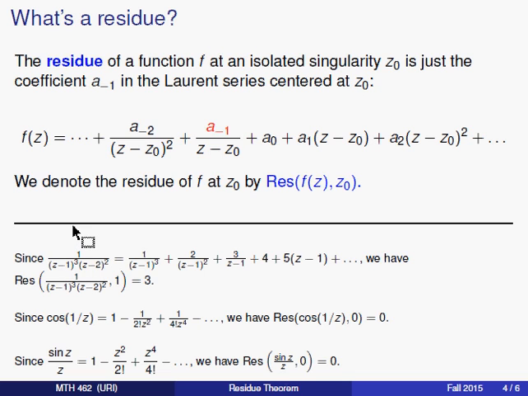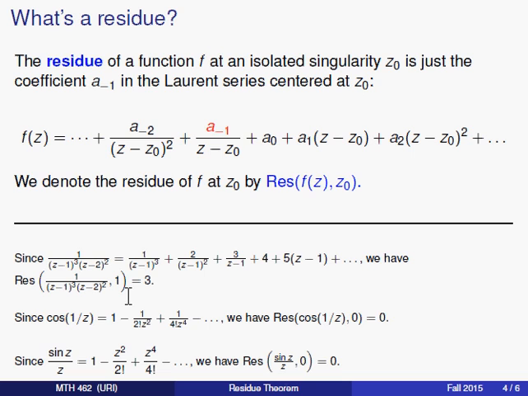If we wanted to find the residue at z equals 1, I would just take that function and expand it in terms of powers of z minus 1. And the Laurent series has a 3 sitting in this spot above z minus 1 to the first power. So 3 is the coefficient a sub minus 1, and 3 is defined to be the residue of this function at 1.